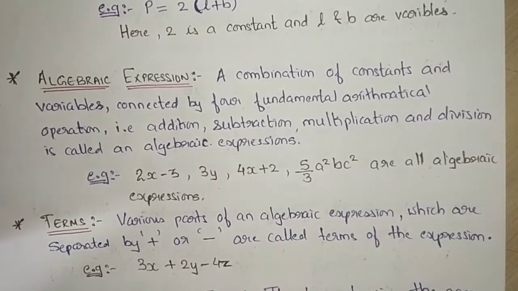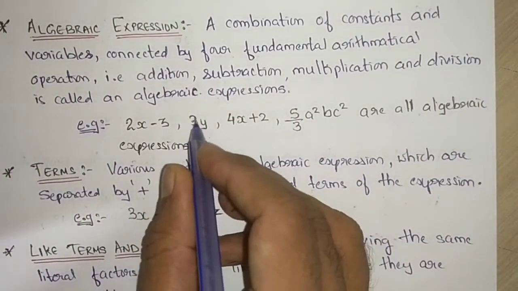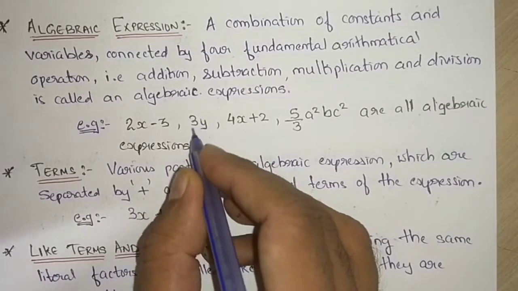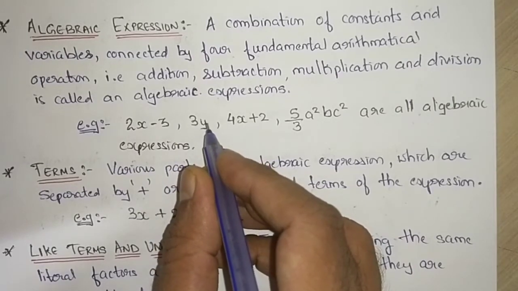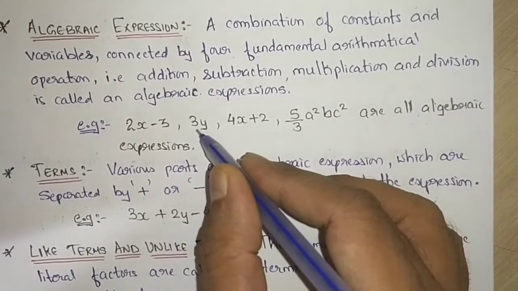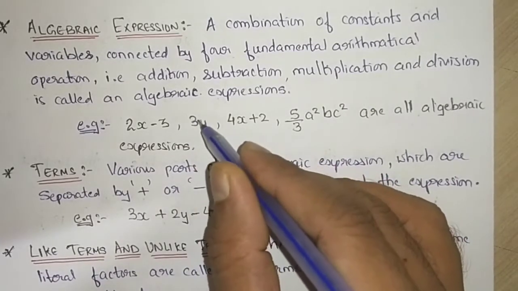If you take, let me take 3, that is a constant, and y, a variable. I have combined them with a fundamental arithmetic operation. Which operation have I taken here? Multiplication. 3 into y. So this is an algebraic expression.